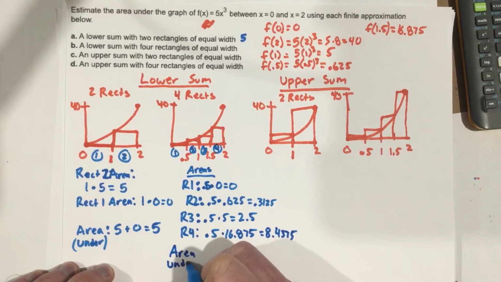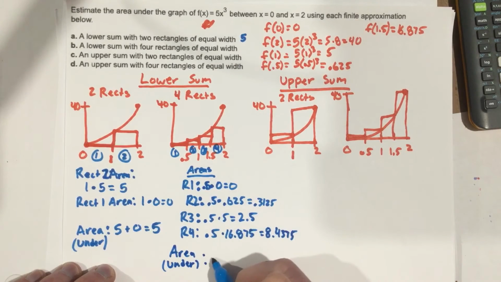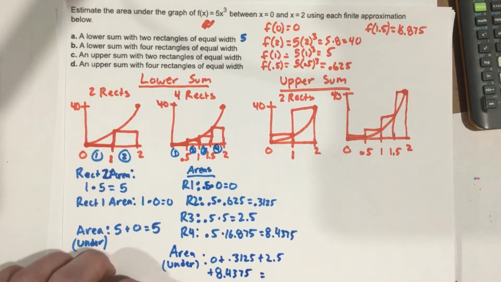So my area under is 0 plus 0.3125 plus 2.5 plus 8.4375, which equals 11.25.